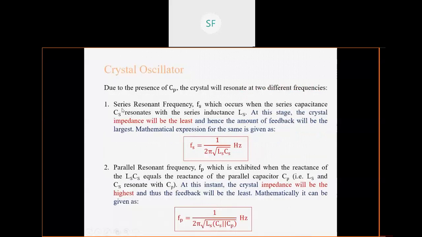The first is the series resonant frequency, which is given by this formula, and the second is the parallel resonant frequency. The mathematical expression for the parallel resonant frequency is this. You can use any one of them, so don't worry about it.